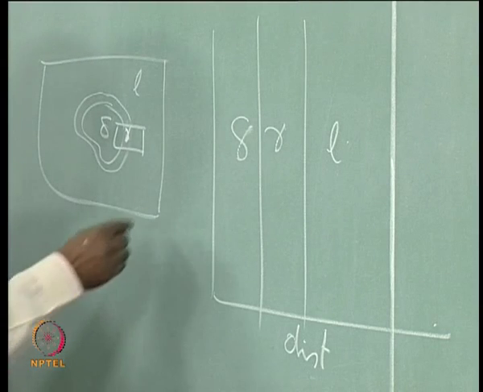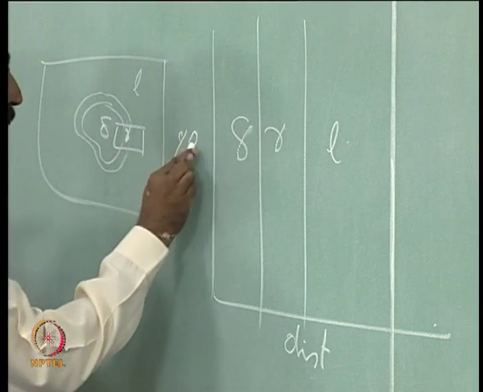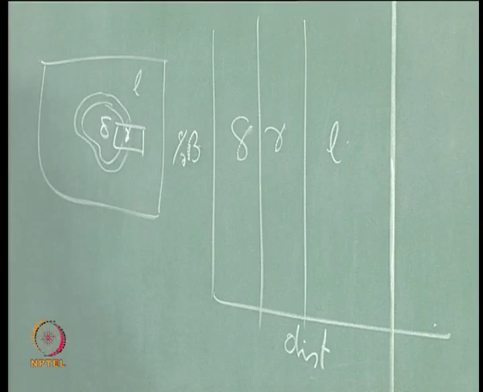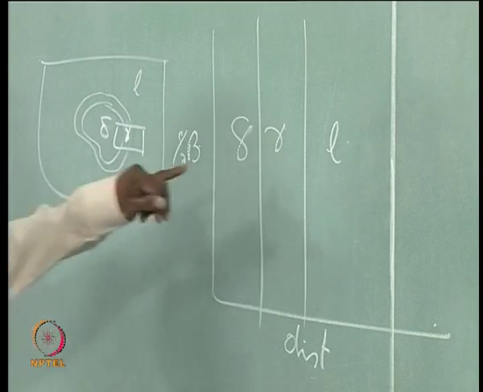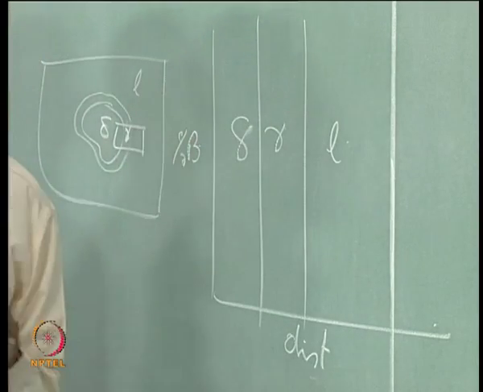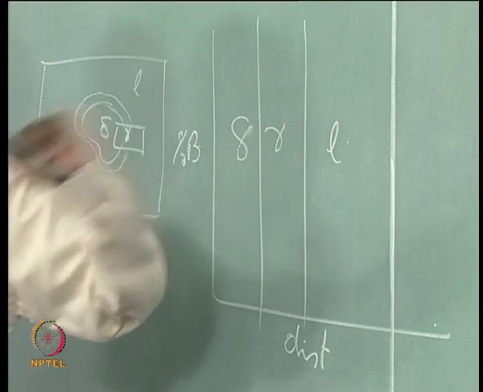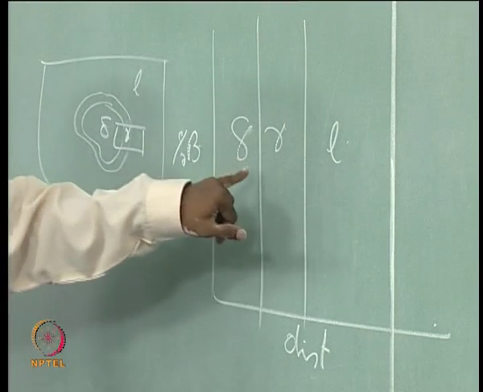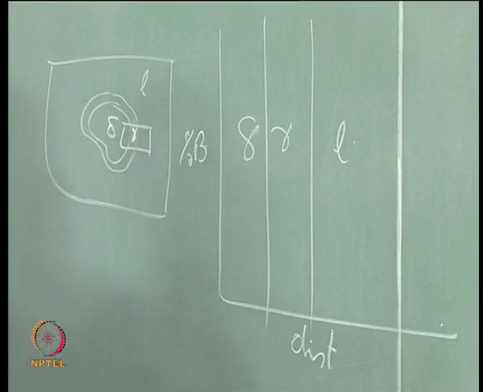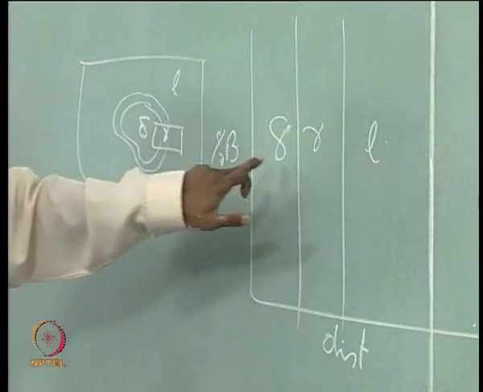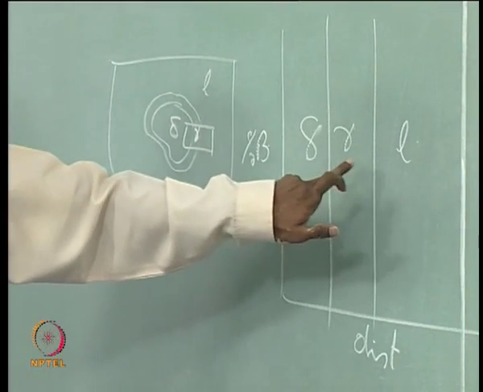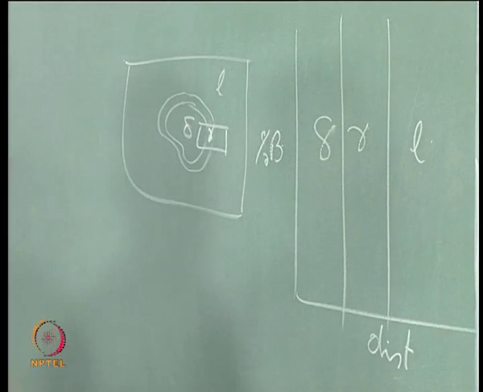And now, if I look at what is the percentage of B, that means composition of each of these phases, how do they look like. For example, there are 2 interfaces here. One is a delta gamma interface, one is a gamma liquid interface. At each of the interface, there are 2 phases which are in equilibrium. At this interface, delta and gamma are in equilibrium, at this interface gamma and liquid are in equilibrium.